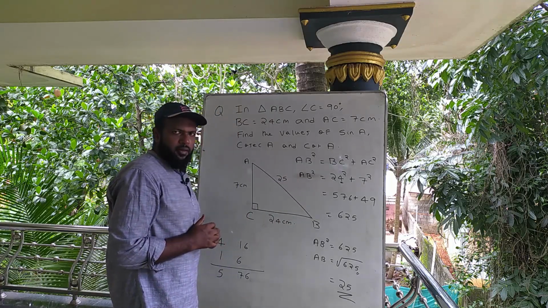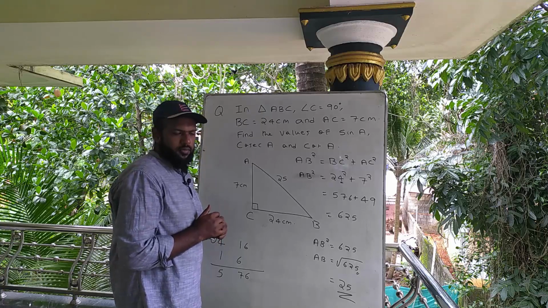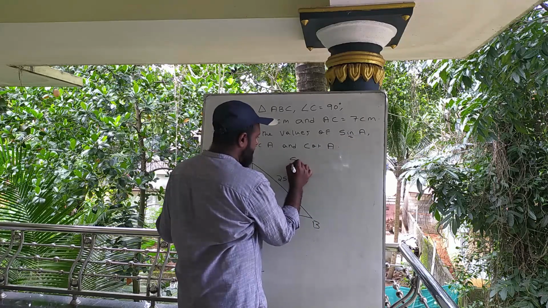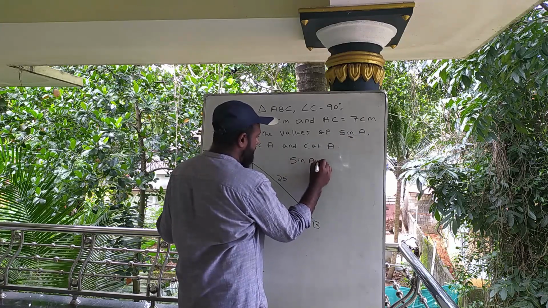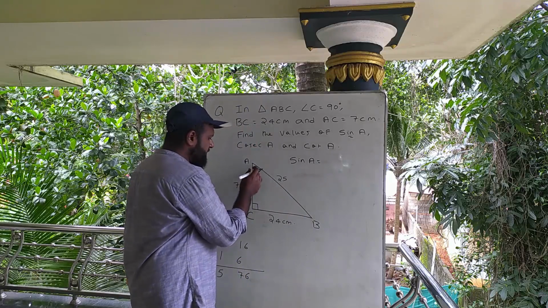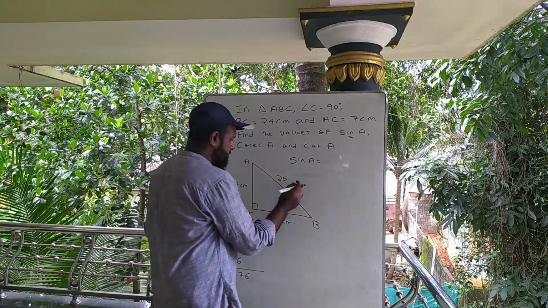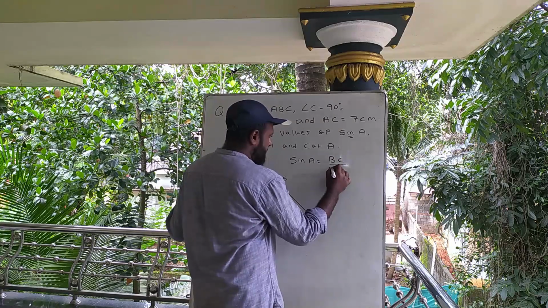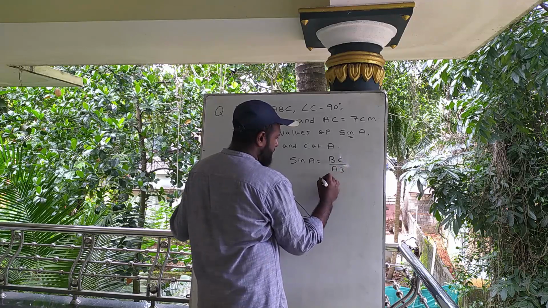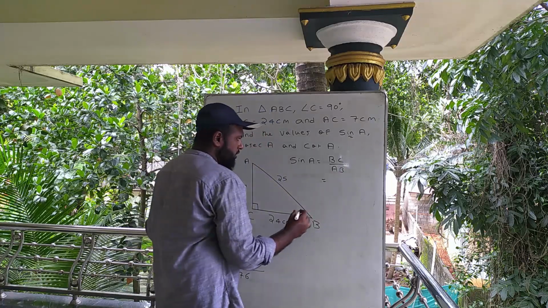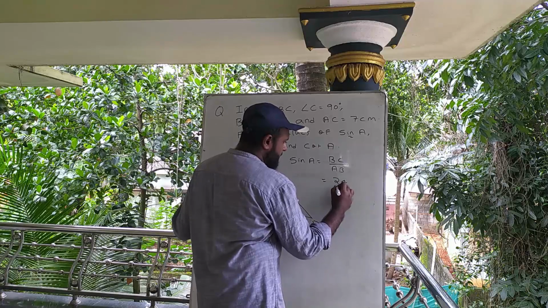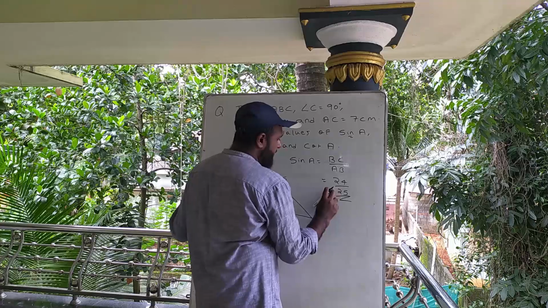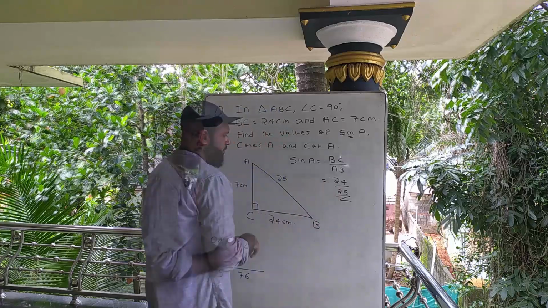Then we can find the required trigonometric ratios. First of all, we have to find sin A. Sin A equal to opposite side of A divided by hypotenuse, that is BC by AB, equal to, what is BC here? 24. What is AB here? 25. So sin A equal to 24 by 25.